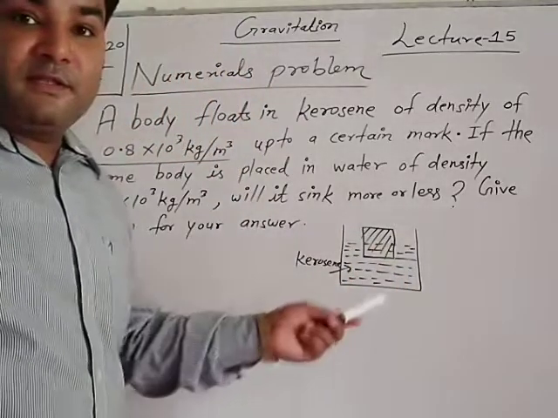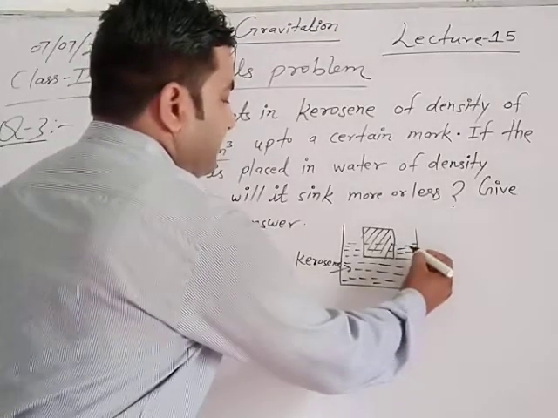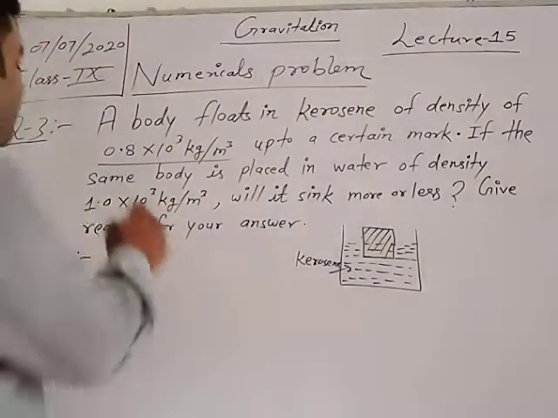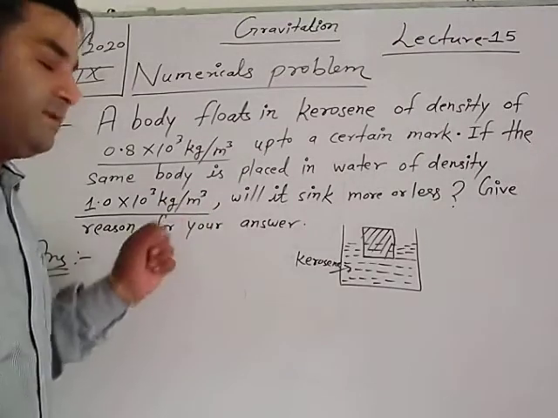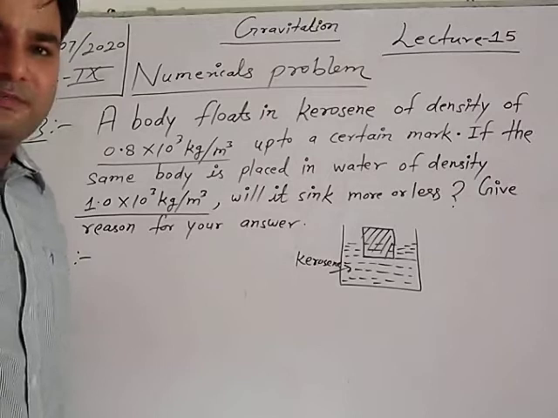And when this kerosene is replaced by water, the density of water, as I explained earlier, is 1000 kg per meter cube or 1.0 into 10 power 3 kg per meter cube, both having the same meaning.